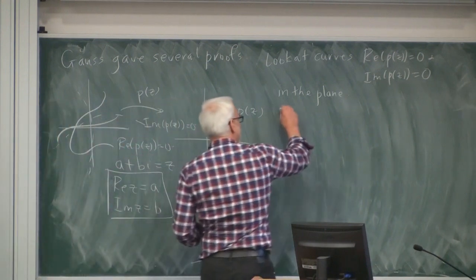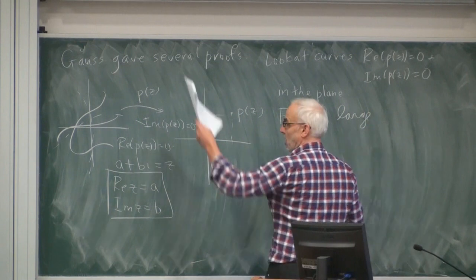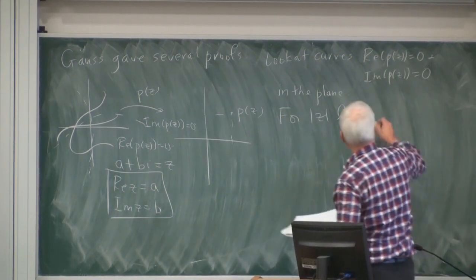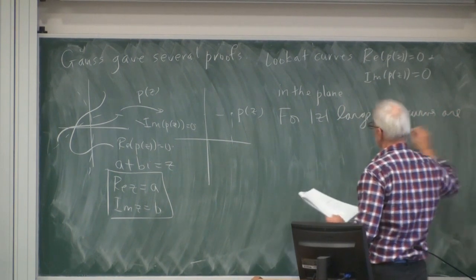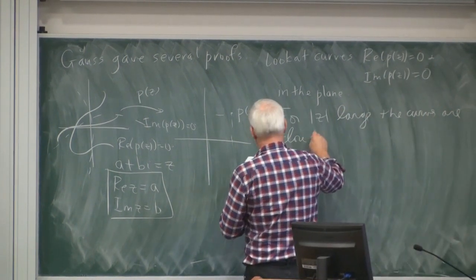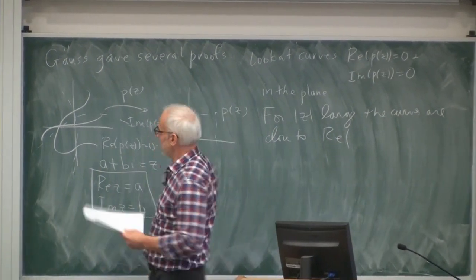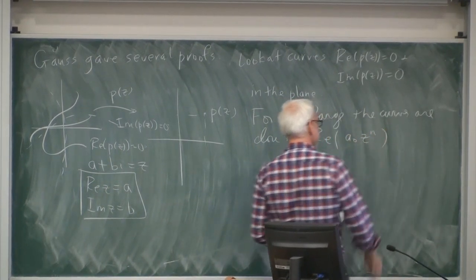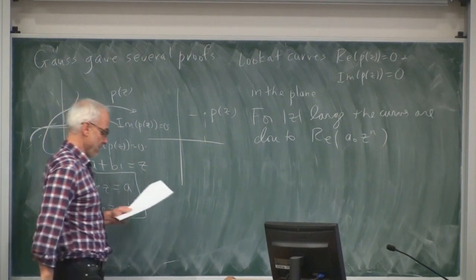Then Gauss said, all right, what happens when z is large? For z a very large complex number, the curves are close to the curves, again just like D'Alembert, given by the highest power of the polynomial, the first term, a0 z to the n.